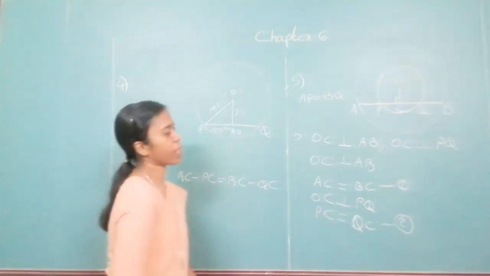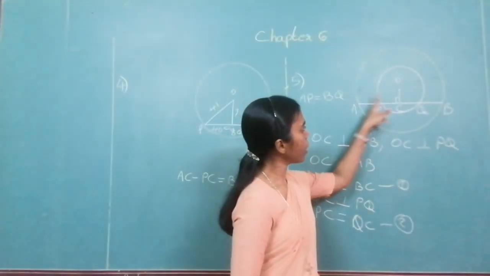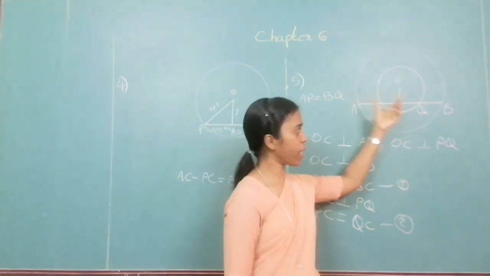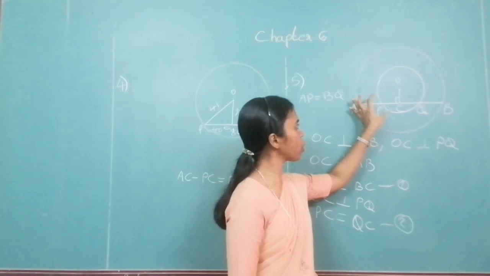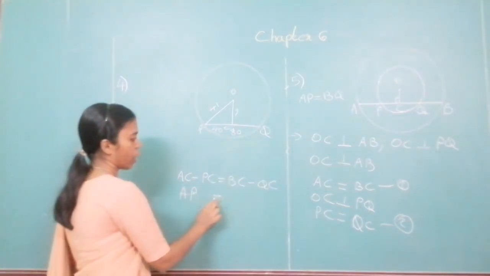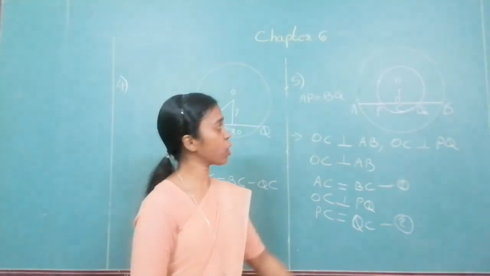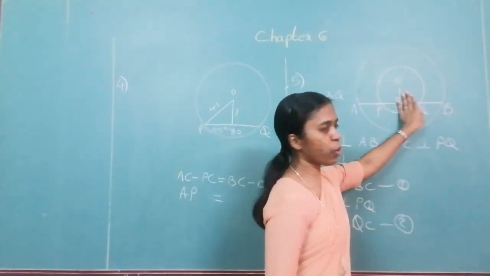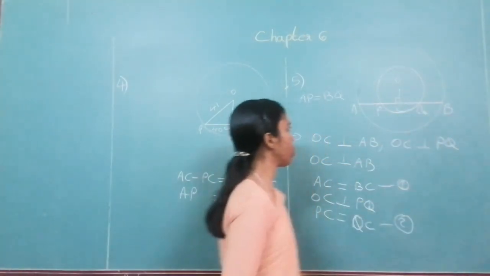What is AC minus PC? Look at AC. AC minus PC. From AC, PC goes, then what remains over here? That is AP equal to BC minus QC. Look at BC. This is here BC minus QC. Then what remains over here? BQ.